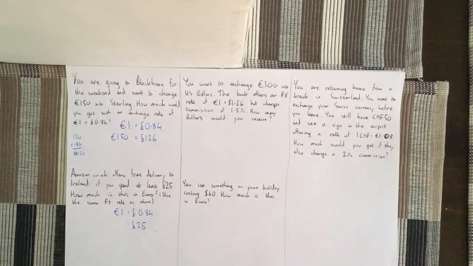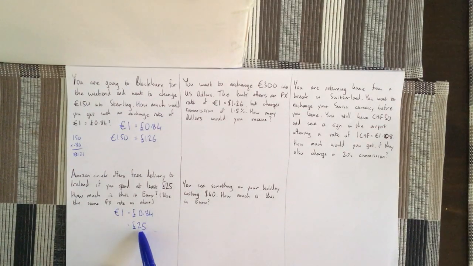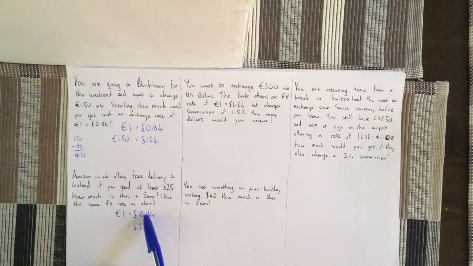Now, it's multiply or divide by the exchange rate. So let's look at this. 84p is more than 84 cents. So you're going to have more euro than you had sterling. If you multiply 25 by 0.84, you're going to get a smaller number. So that's not it. So what you do is you divide by 0.84. If you divide by a number smaller than 1, you actually make the number bigger.